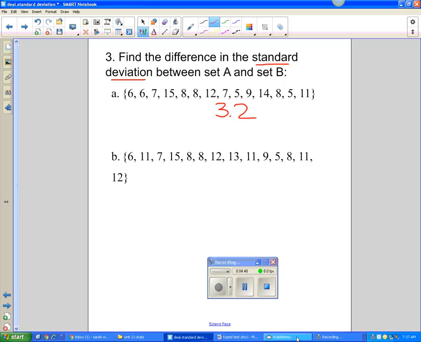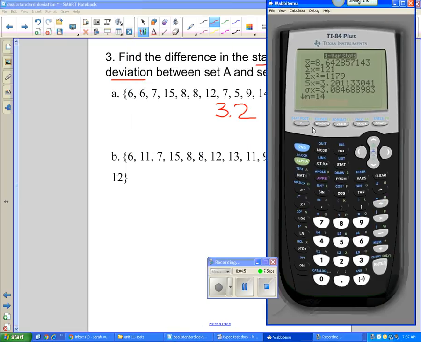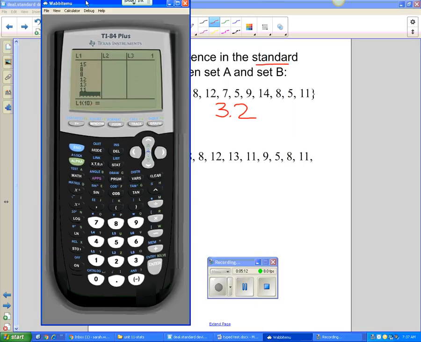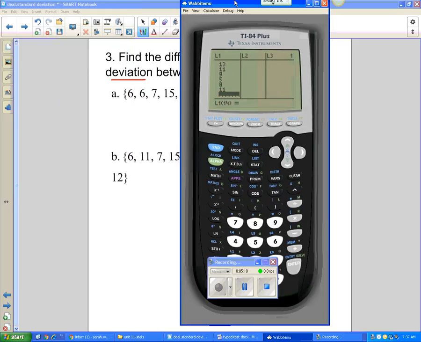Okay, now let me find it for set B. All right, so this one looks like it's 2.87 if you round it to the hundredths, 2.87.